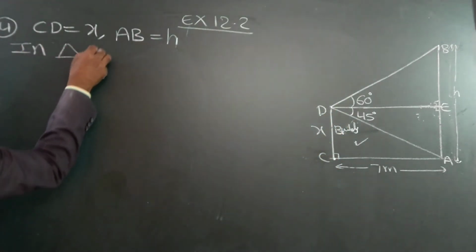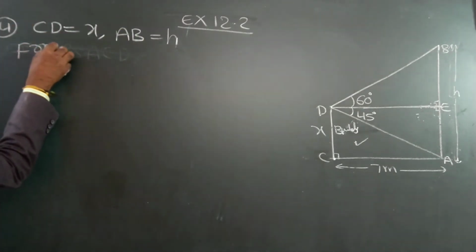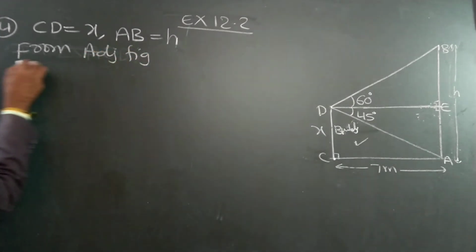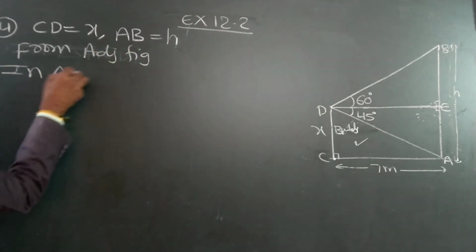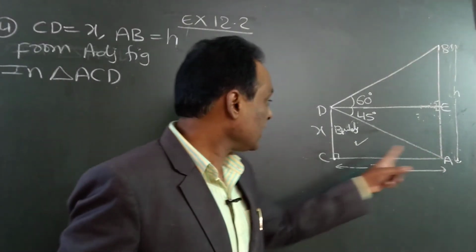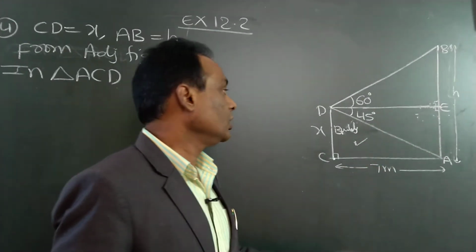In triangle ACD, from adjacent figure, see here. The smaller triangle ACD I am taking.